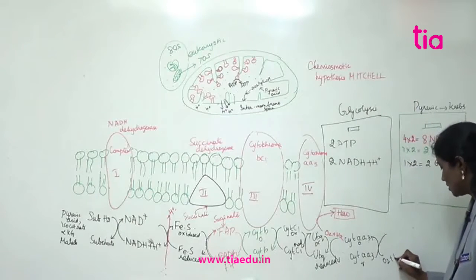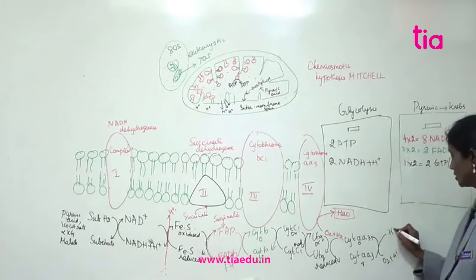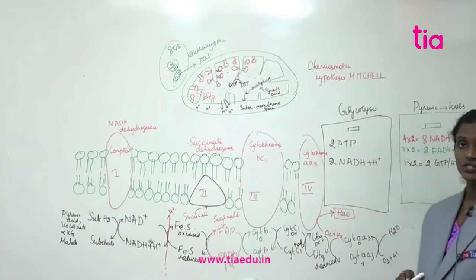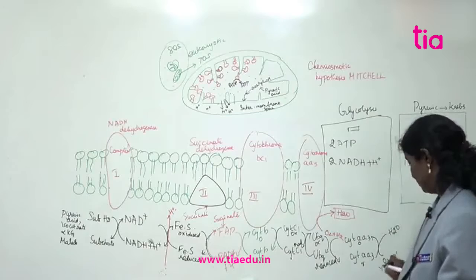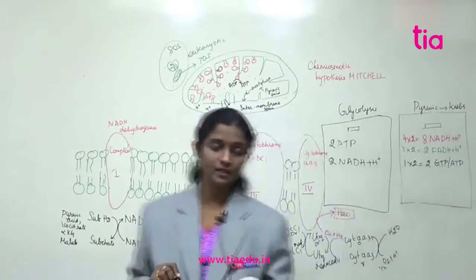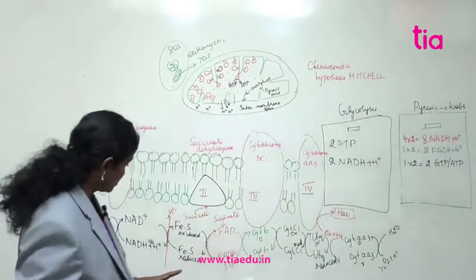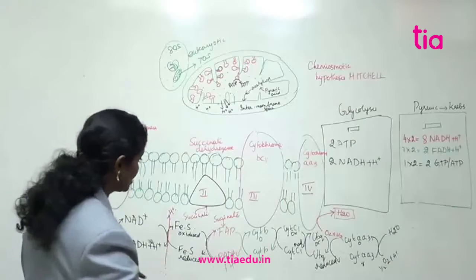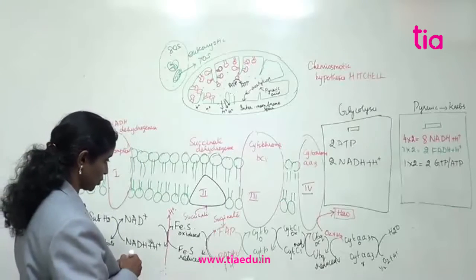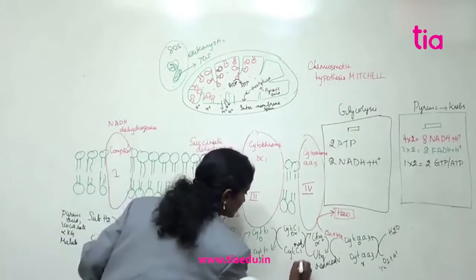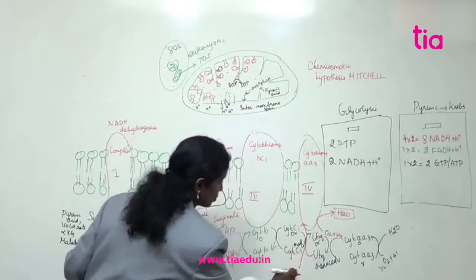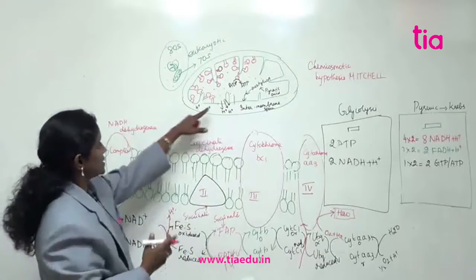Meanwhile, oxygen plus protons will form water. Can you see here? You also have to keep in mind there is going to be shuffling of protons in BC1. Protons will be pushed from inside to outside.